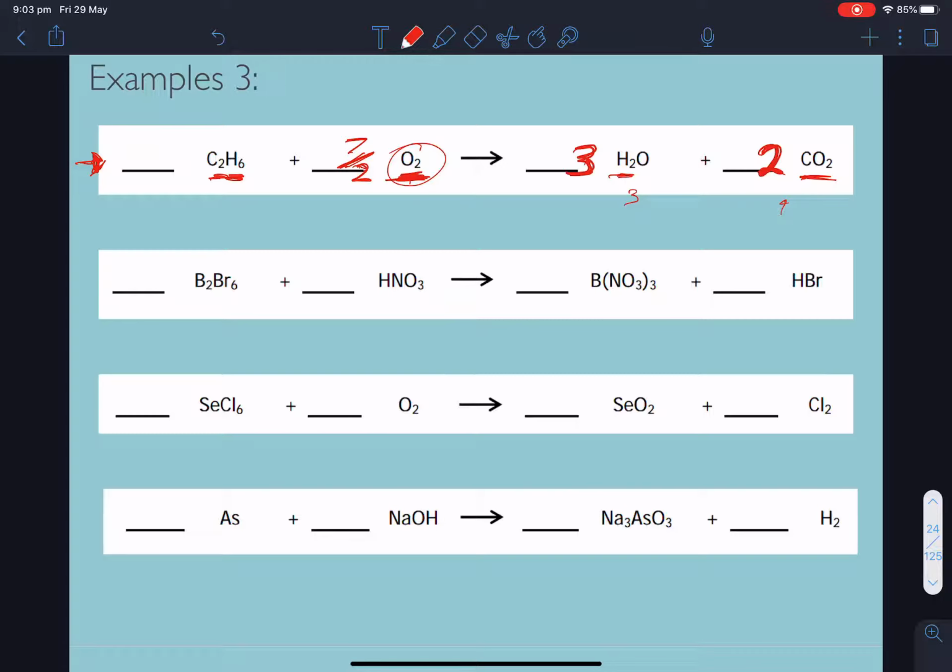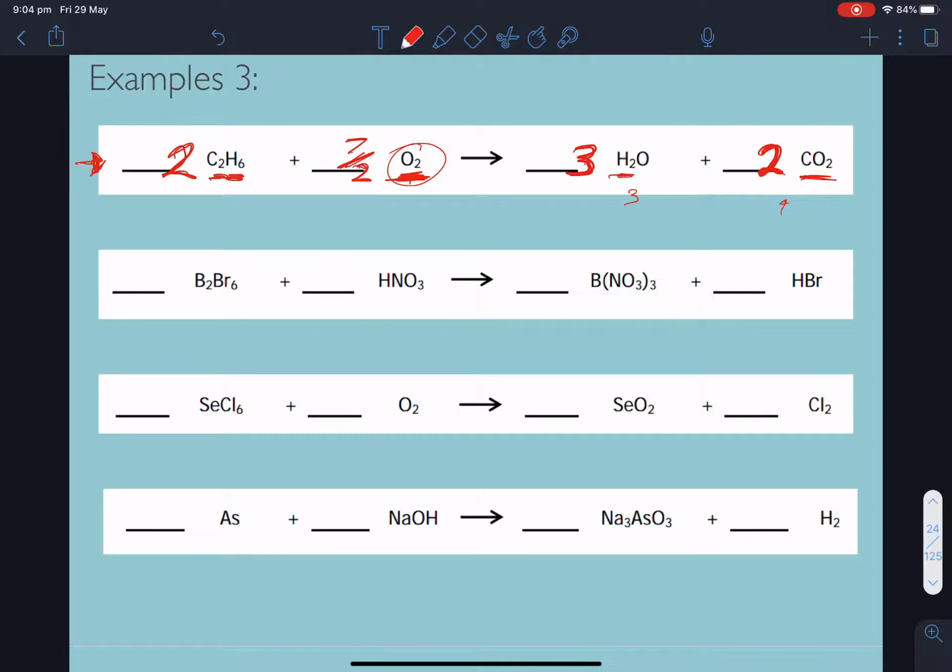But what we do as chemists, we want to get rid of that 2 in that 7 halves fraction. And to get rid of that, and to keep the same ratio, we multiply all the stoichiometry by 2. So in front of the C2H6 is a 1, so if we're multiplying it all by 2, there's a big 2 in front there.